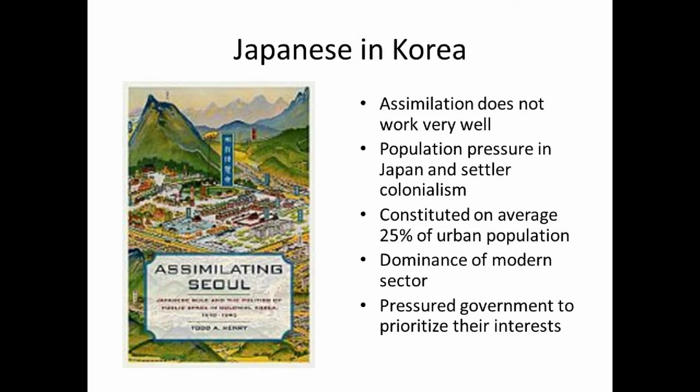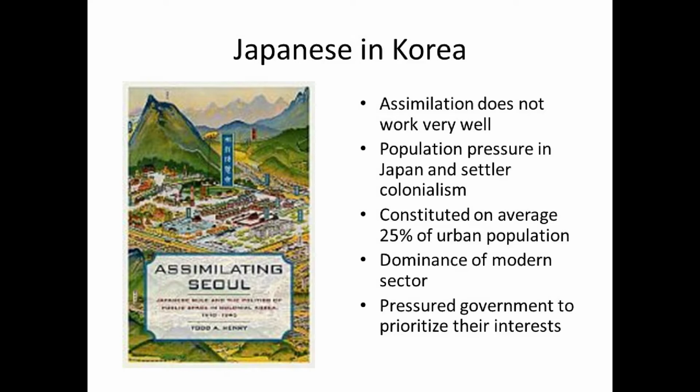And that's the most modern part of Korea, right? Typically, modernization happens first in cities. So you have a lot of Japanese people in Korea, and you have them in control of the most important parts of Korea, in a sense, in terms of modernity.